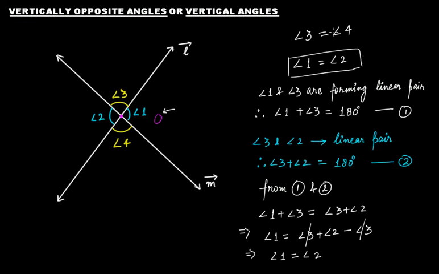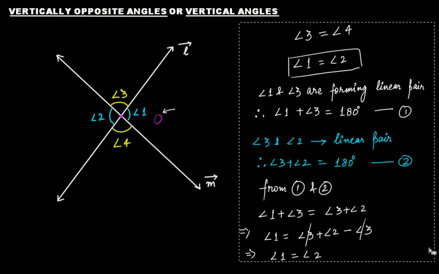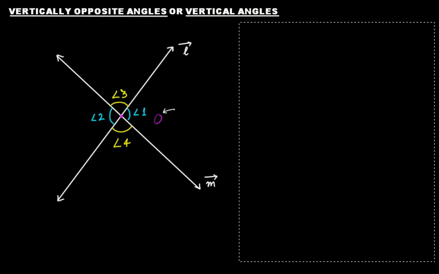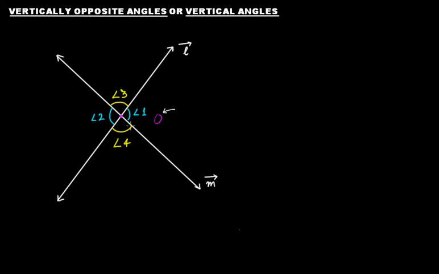Now if you want to see that angle 3 is equal to angle 4, let's do that, and we'll apply the same process. Let's do it for angle 3 and angle 4. So you have to prove that angle 3 is equal to angle 4. Focus again on angle 1 and angle 3.